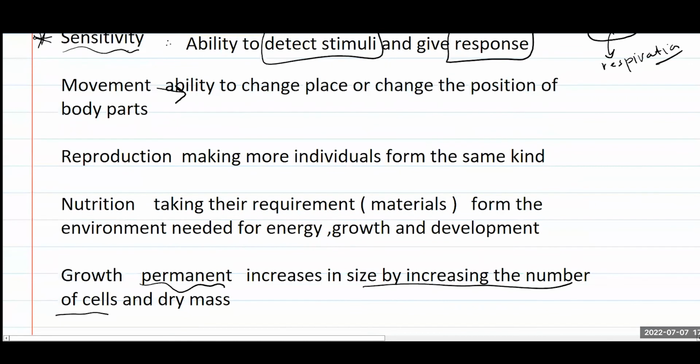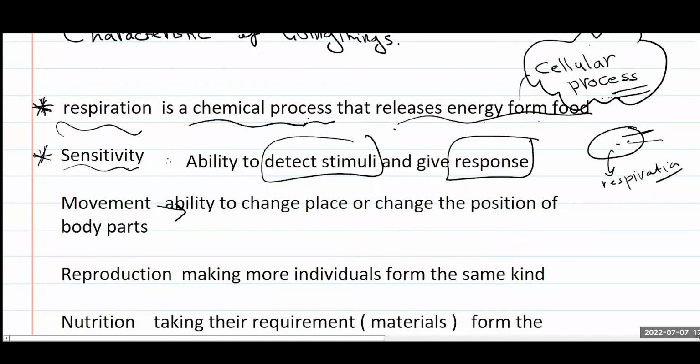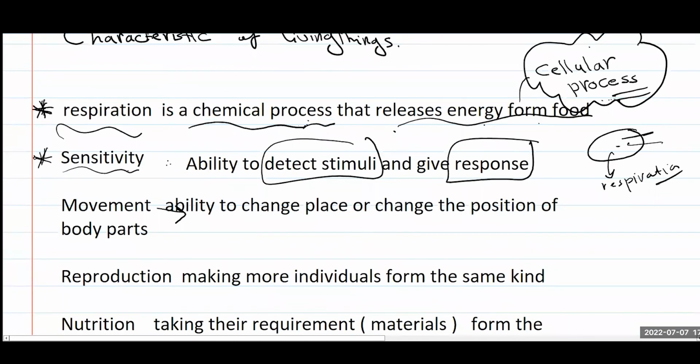You have to be clear, all of you. There is a difference between respiration and breathing. Don't say breathing is a characteristic of living things, right? All 7 characteristics must be found to say this thing is a living thing. Otherwise, it will not be a living thing.